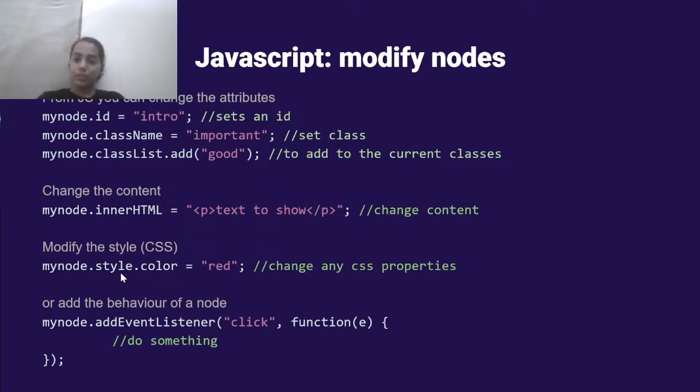And in the JavaScript code, you can see that we are fetching the button from the DOM. Then we are attaching an event listener for when the user clicks on it. And then we create a function that will be called when the button is pressed. Alert is used to pop up a window. So once the button is clicked, a pop-up window would open saying the button is clicked.